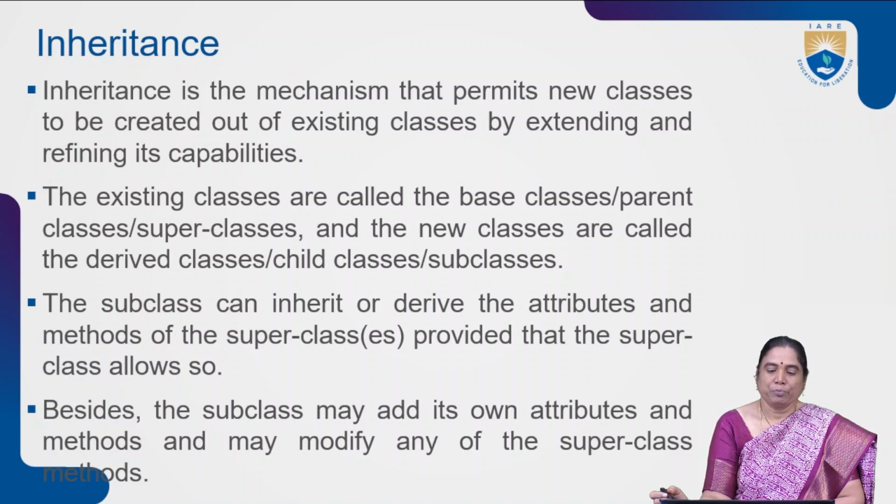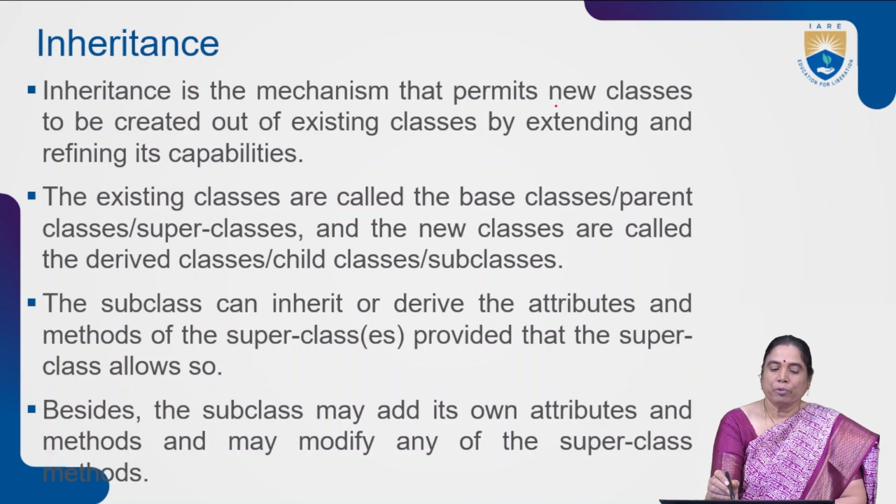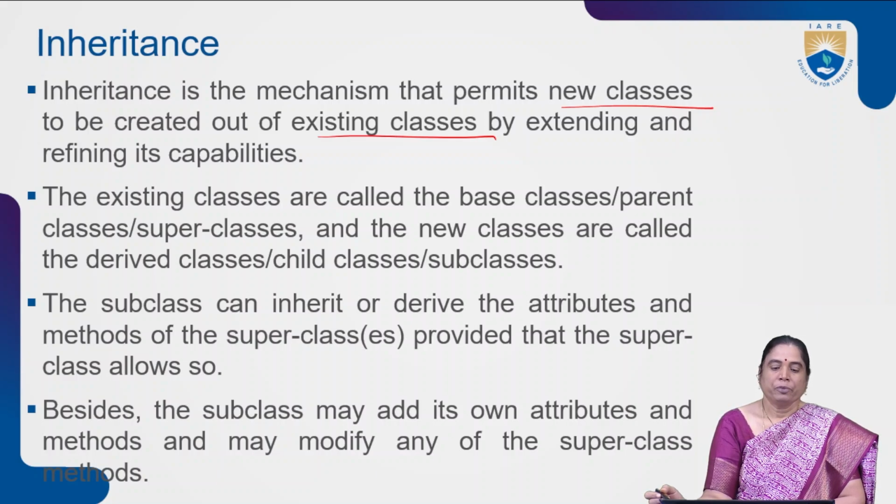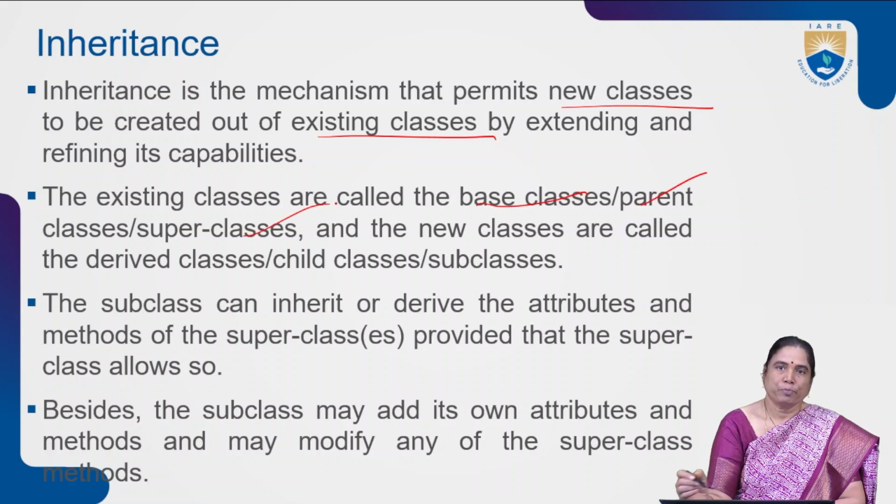Inheritance is the next principle, which is the mechanism that permits new classes to be created out of existing classes by extending and refining their capabilities. These existing classes are generally referred to as base class, parent class or superclass. The new class that is generated is generally referred to as derived class, child class or subclass.